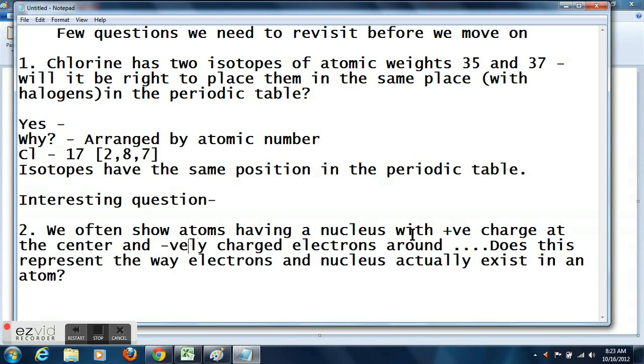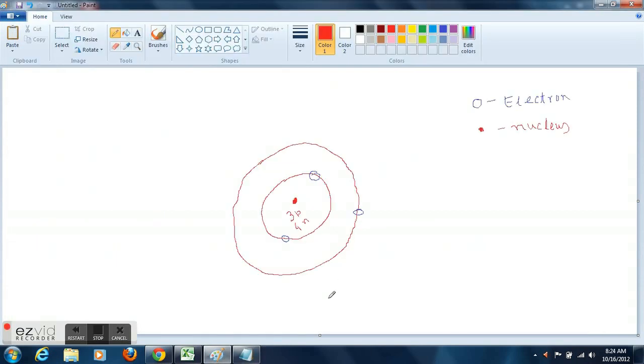Now another interesting question which is slightly different from this one. You must have seen while discussing elements, I showed that there is a nucleus at the center with protons and neutrons, protons having positive charge, and electrons are placed into orbits or shells, and we say that electrons are rotating in these orbits like the planets, like the Earth, like Mars, like Jupiter.